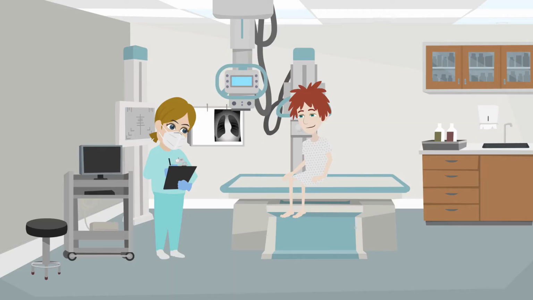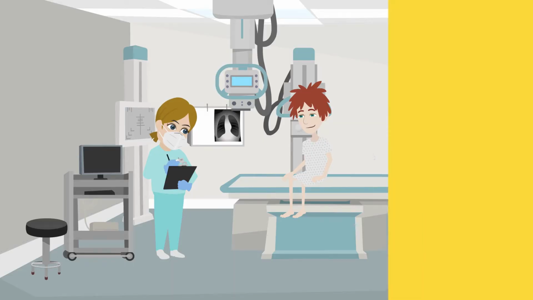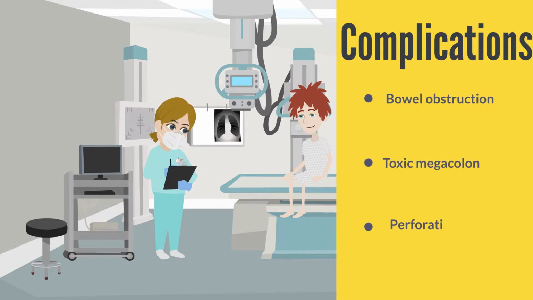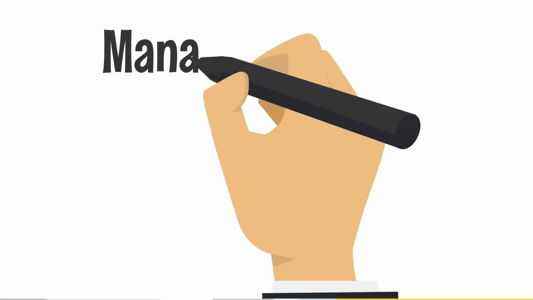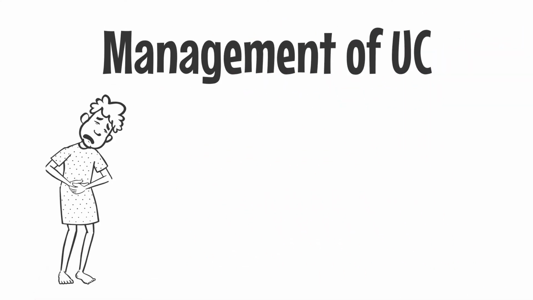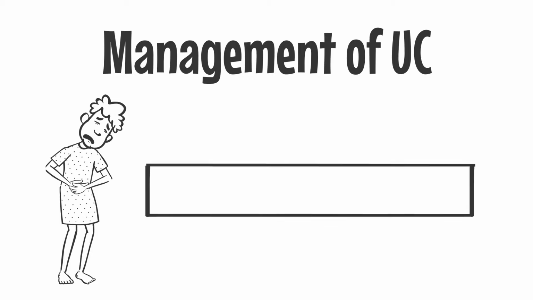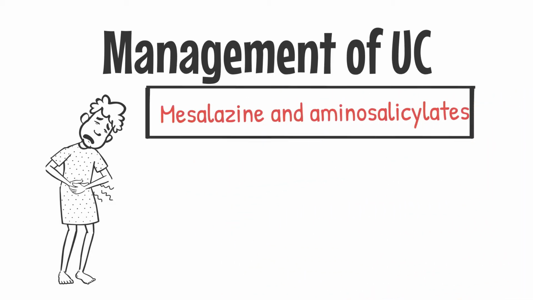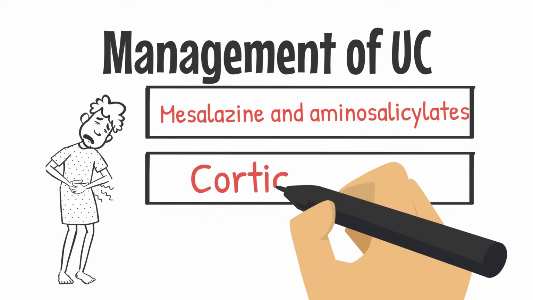Imaging studies such as X-rays and CT scans are done to look for any disease complications, such as bowel obstruction, perforation, or toxic megacolon. The management of ulcerative colitis is somewhat similar to that of Crohn's disease. Mesalazine and aminosalicylates are first-line agents in the treatment of mild to moderate ulcerative colitis and can be inserted as a rectal suppository in patients with UC limited to the distal colon.